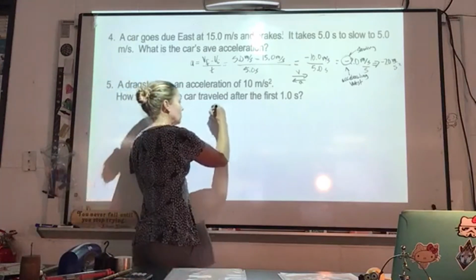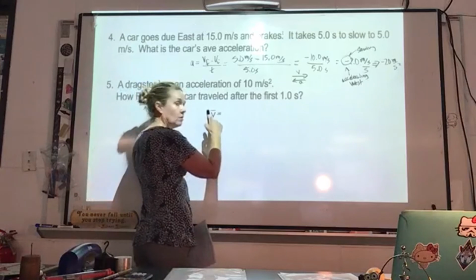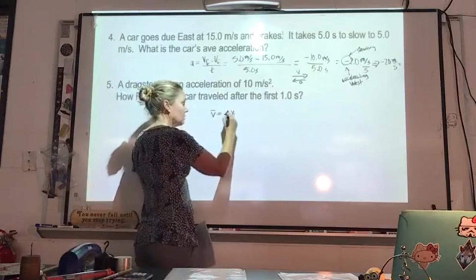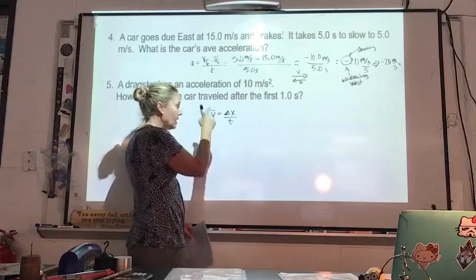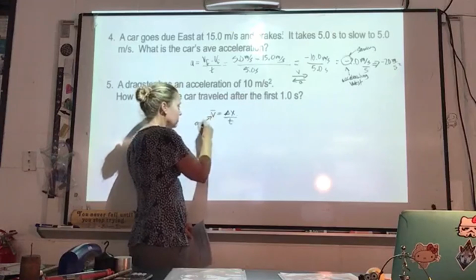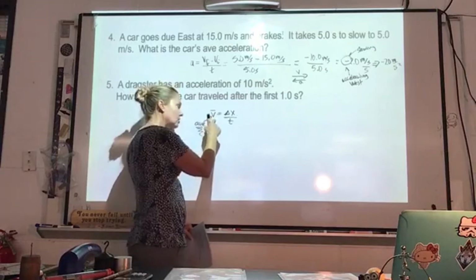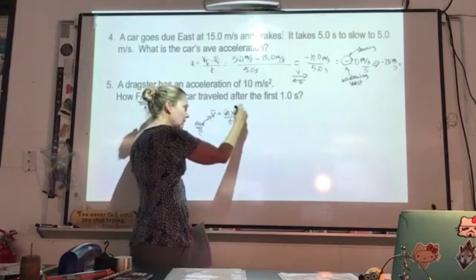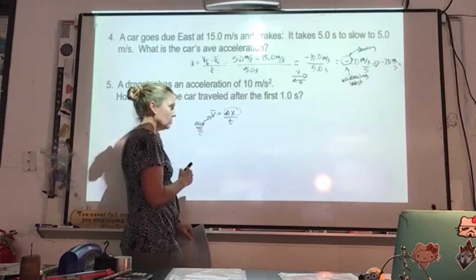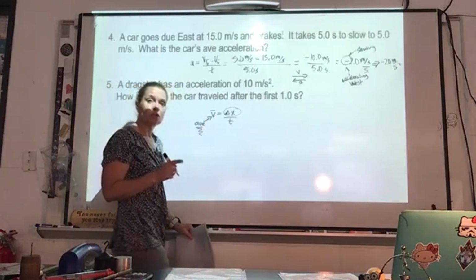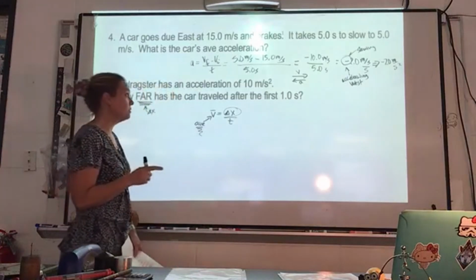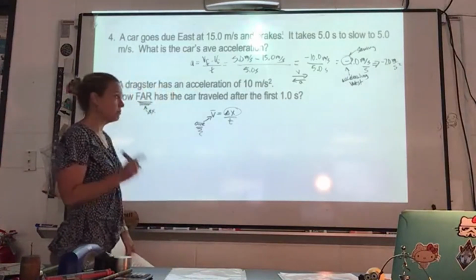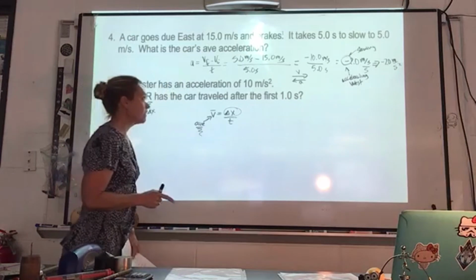Our only formula we have that includes delta x is this: average velocity is delta x over time. So if I'm going to ask about this, you cannot use instantaneous or your top speed. Okay? All right.